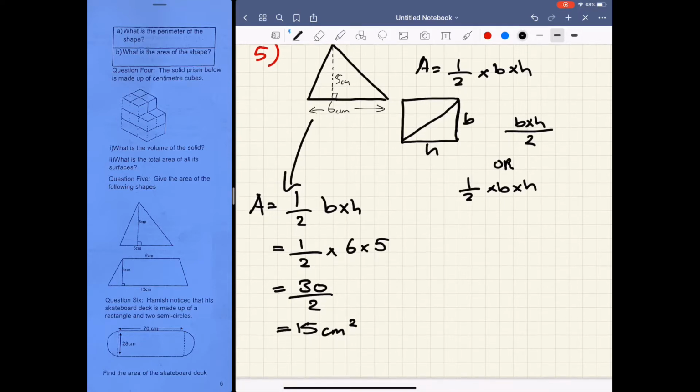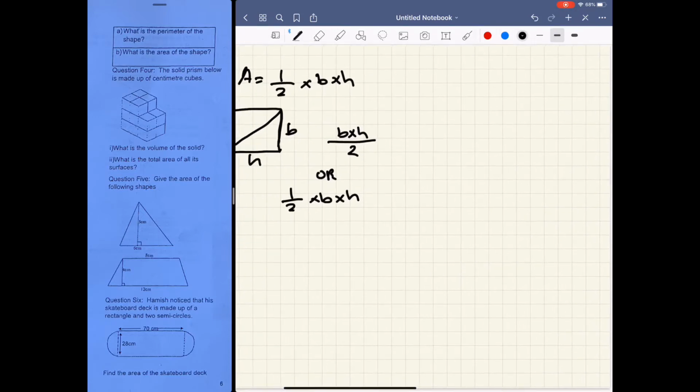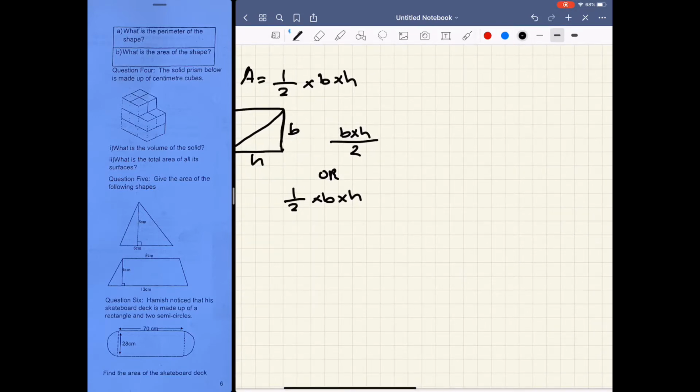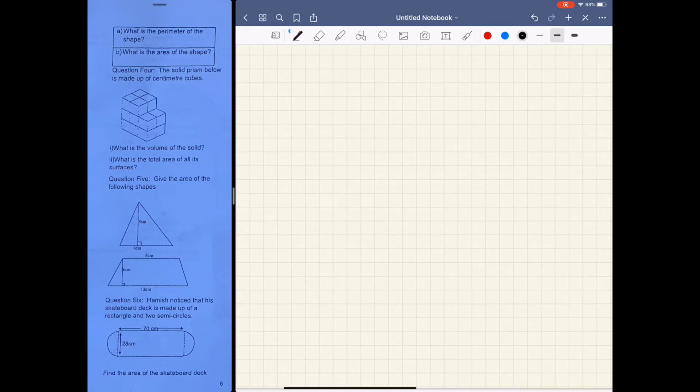Okay, that is that. And the second shape is something like this. Alright, so automatically we can make some assumptions.